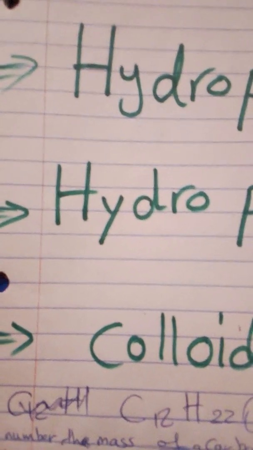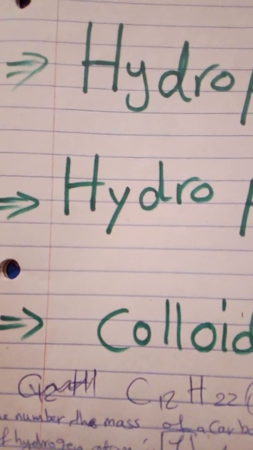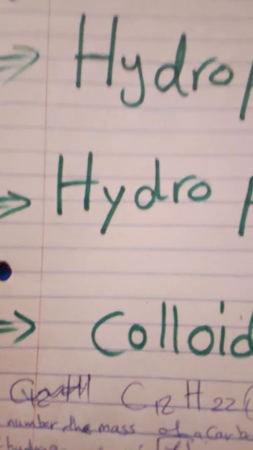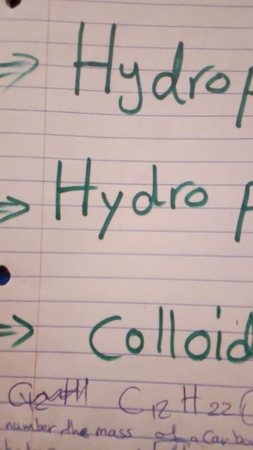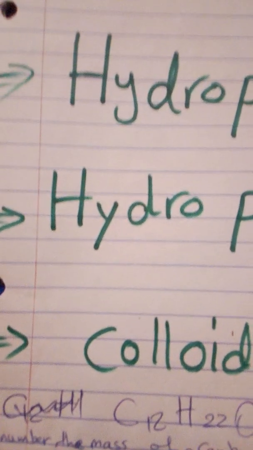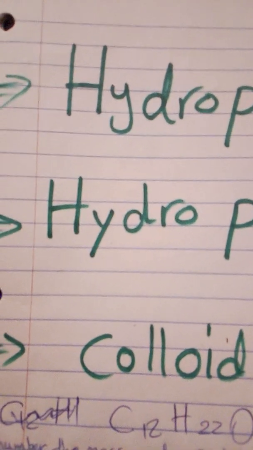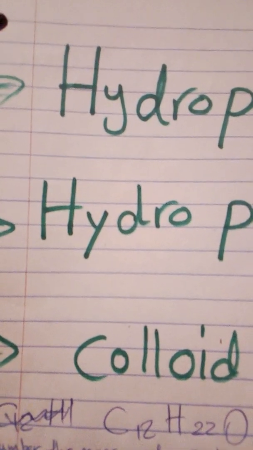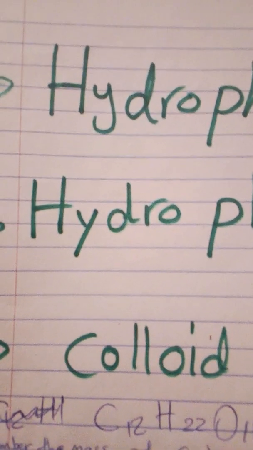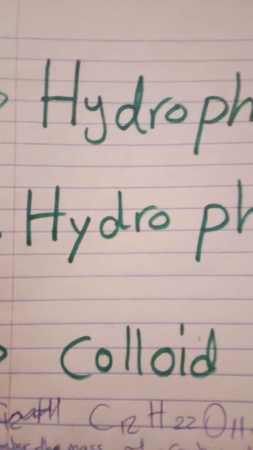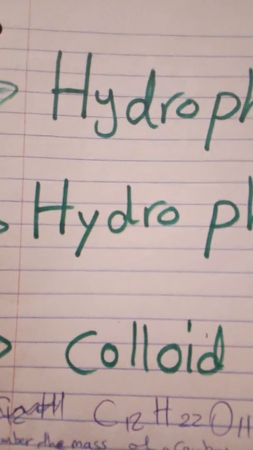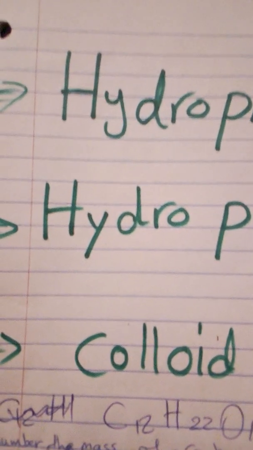In round numbers of Daltons, the mass of a carbon atom is 12, the mass of a hydrogen atom is 1, and the mass of an oxygen atom is 16. Thus, sucrose has a molecular mass of 342 Daltons.